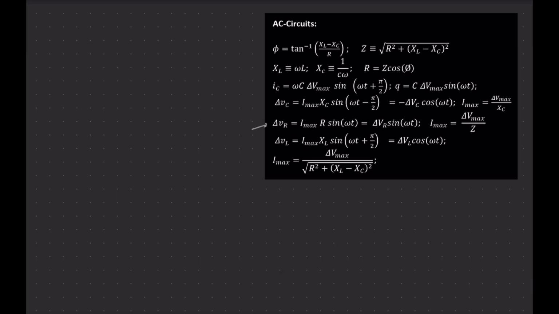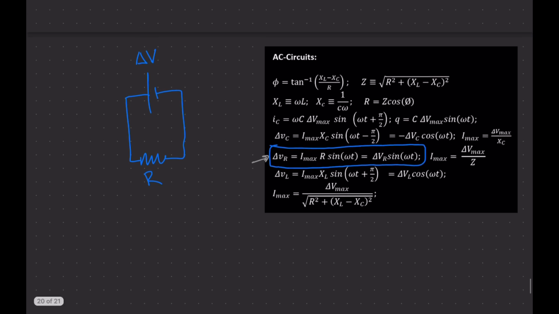Okay, so here's the equation sheet, and I'm going to start off with this equation here. I'm going to outline it in blue, and we're going to derive this. So imagine you have a circuit that is attached to a resistor. This is the resistor, and the voltage supply here is delta V. So what is delta V?